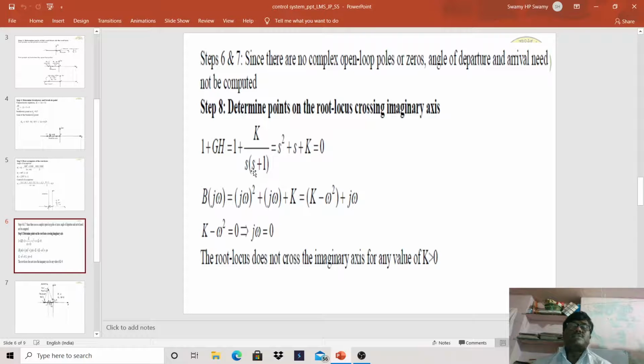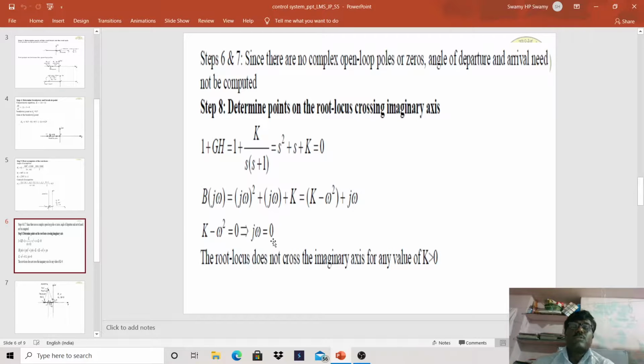You simplify this and you will get s square plus s plus k is equal to 0. In this equation you substitute s is equal to j omega, and it becomes j omega square plus j omega plus k. So k minus omega square plus j omega. So k minus omega square is equal to 0, and j omega is equal to 0.